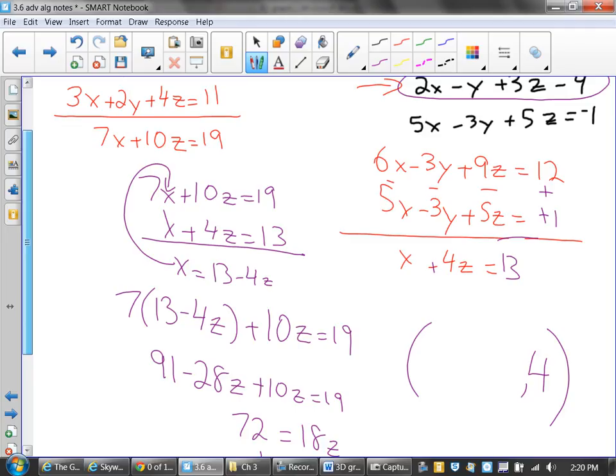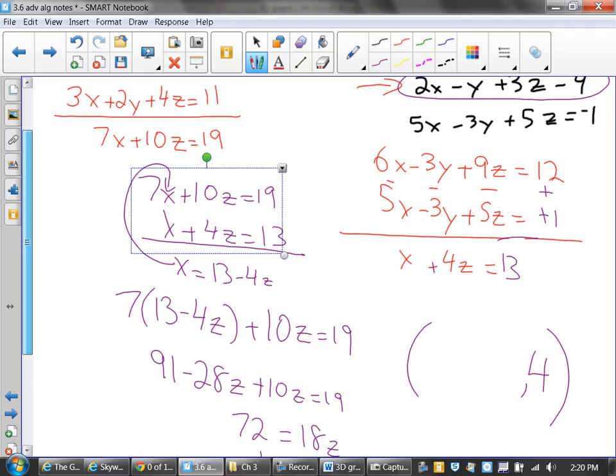Since I had x with a coefficient of 1, I subtracted over, so x is 13 minus 4z, and I used substitution to solve for z. There are multiple ways of setting that up. We could have multiplied the second equation by 7 and subtracted. We would have gotten the exact same result.